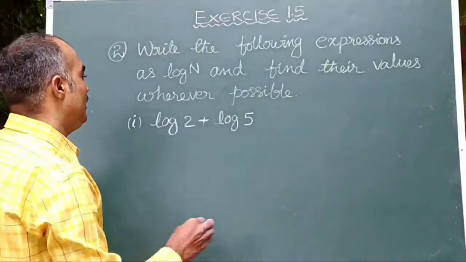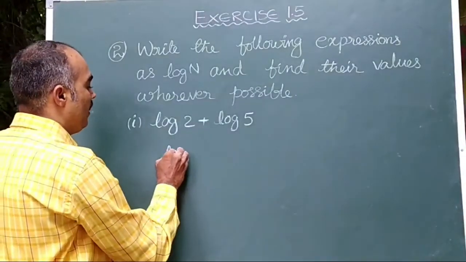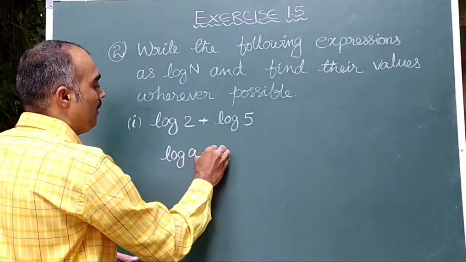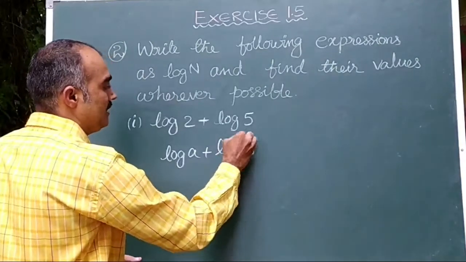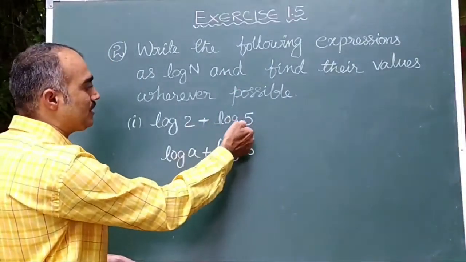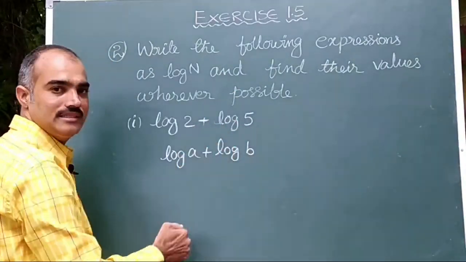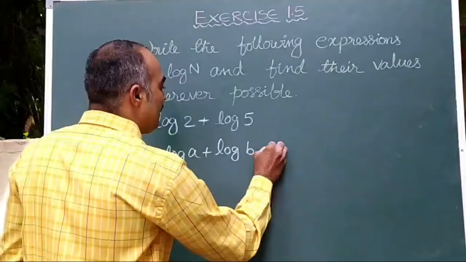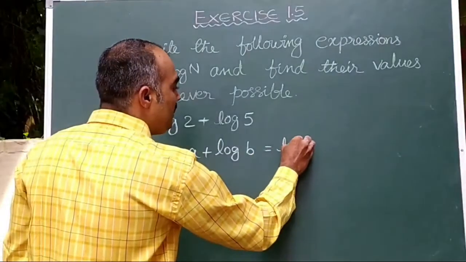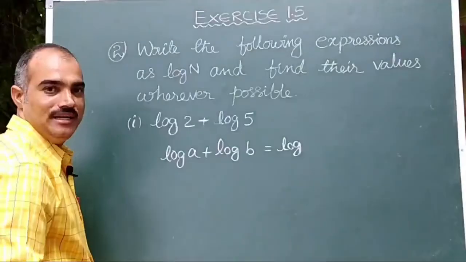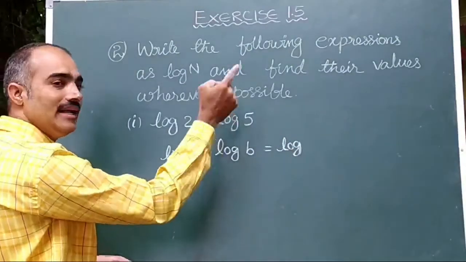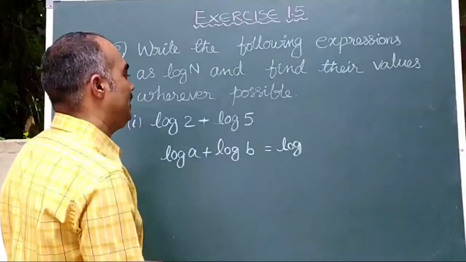Then what to do? Let us see here, log A plus log B. Observe here, as the numbers are changing, I am changing the alphabets. Very simple. Here, this is not log of A plus B. If it were A plus B, we could have added earlier. Then what is this?